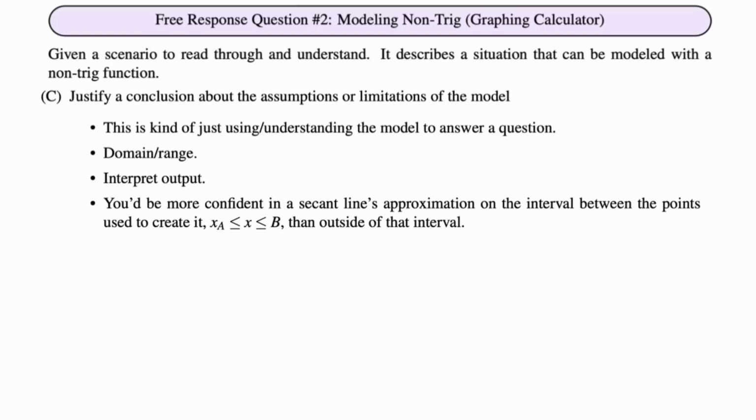Since 5 is in between the data values, it makes sense to use the approximation there, but that other value was so far out of the range that it doesn't really make sense. Interpolation is using your model between the bounds, and extrapolation is using your model outside of the bounds. Interpolation is a better idea than extrapolation. It's not reasonable to use your model well beyond the data points. All right, now we're doing them.